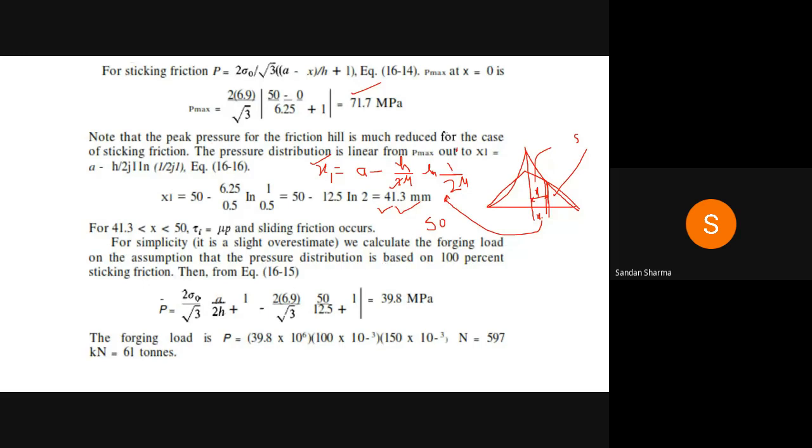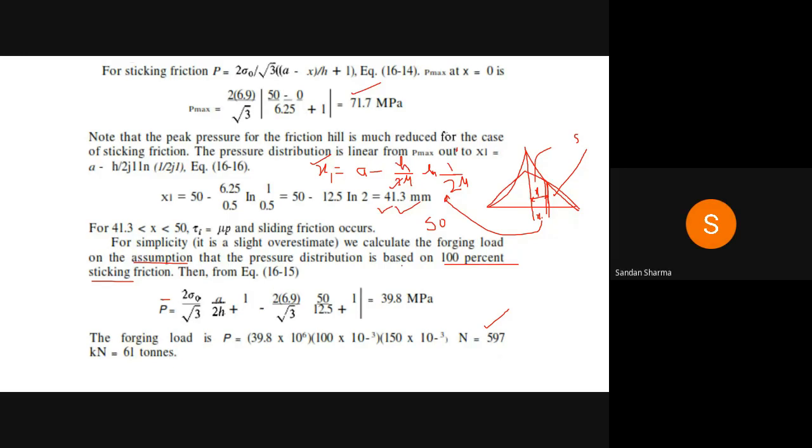So here we are assuming 100% sticking friction condition. You can calculate P average using sticking friction condition and it will be coming like that. Then you can calculate P into the area on which it is acting, ठीक है. So you can calculate the load required. ये clear हो रहा है सबको?